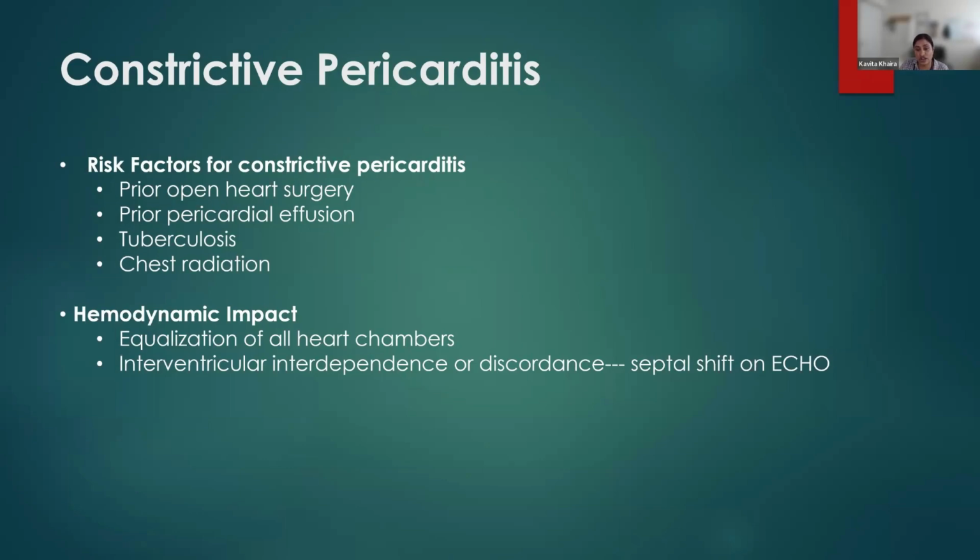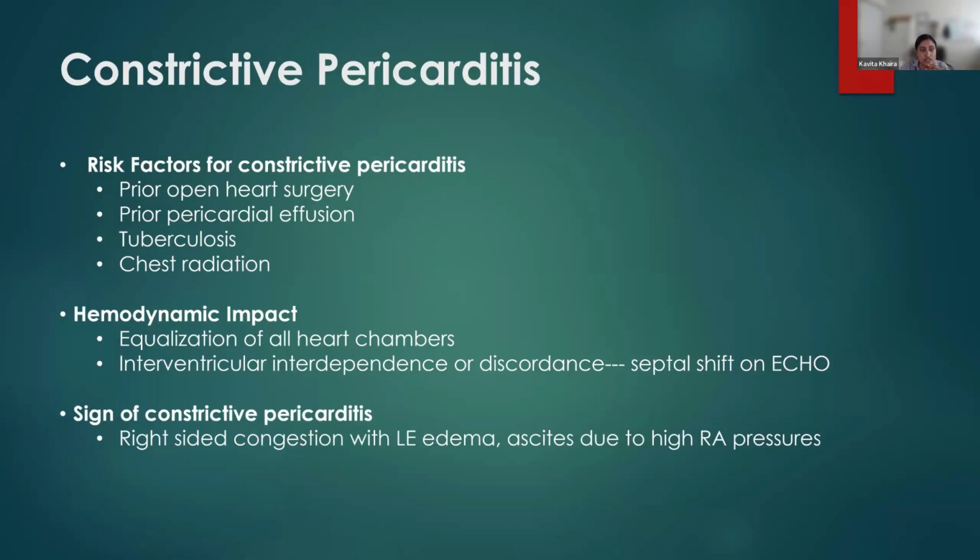When the RV tries to relax, it pushes on the septum, which pushes on the LV. And then when the LV tries to relax and accept blood, it pushes the septum to the right. That's what the septal shift is. So the signs that you see, as I outlined, are significant right-sided congestion, lower extremity edema, and ascites, due to these really high right atrial pressures.